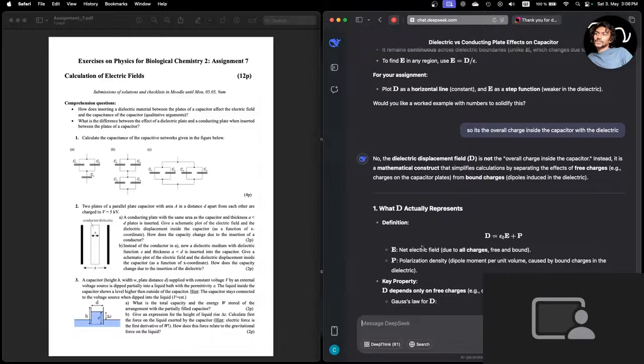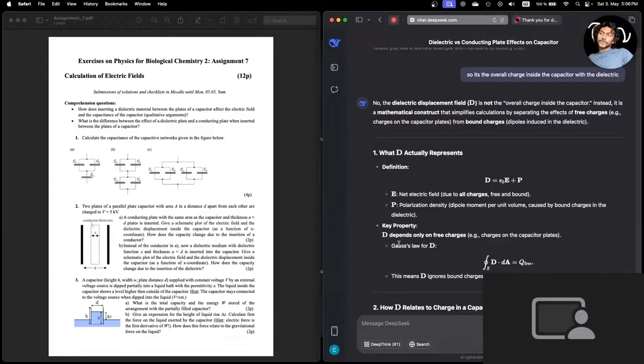What's the definition? D equals epsilon 0 E plus P, where P is the polarization density caused by the bound charges in the dielectric. Key property: D depends only on free charges, the charges on the capacitor plates.